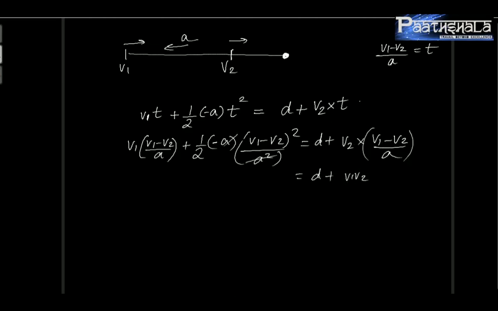So the A's go away, all the A's go away, but then here we have to insert an A to multiply with D, so that A's get cancelled. So this is V1 V2 minus V2 square.